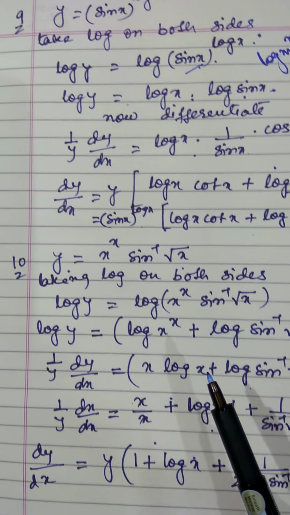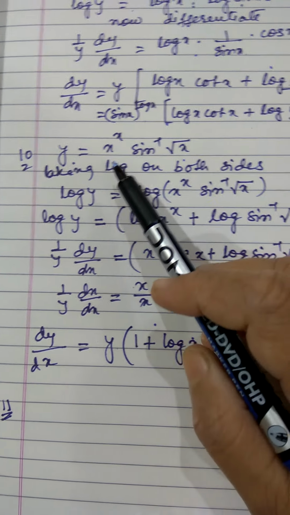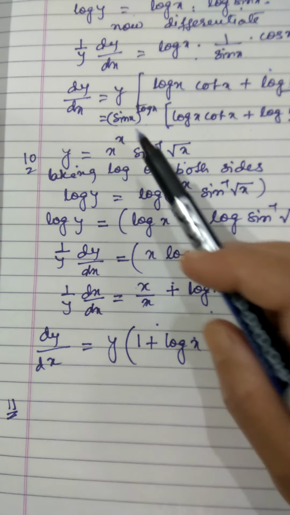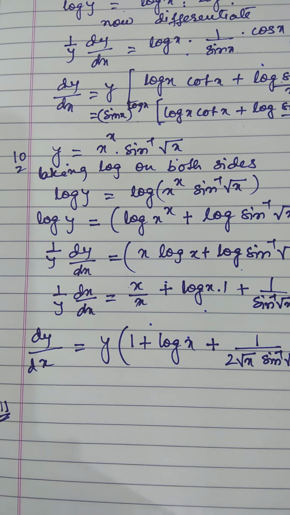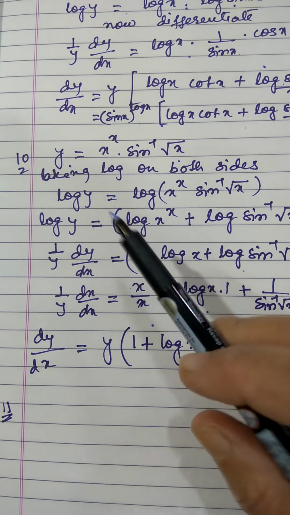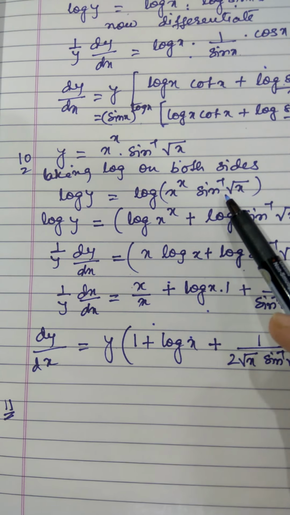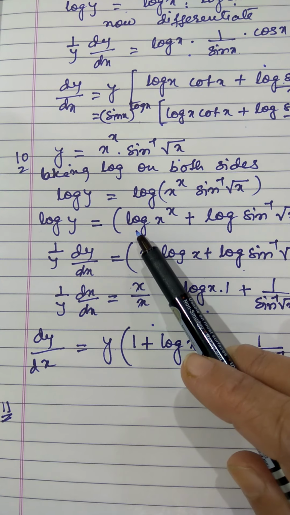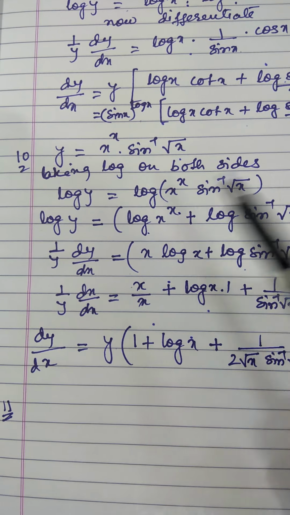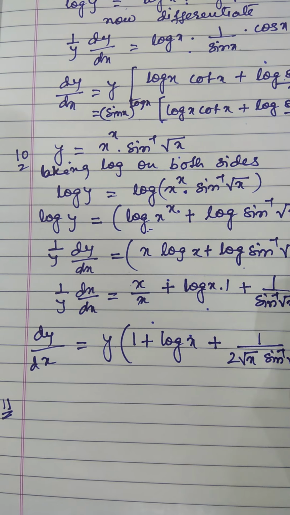Next is y is equal to x raised to the power x times sine inverse root x. You see here we are having a product of two functions. So take log y is equal to log of x raised to the power x into sine inverse root x. Log y is log x raised to the power x plus log sine inverse root x, using log of m into n is log m plus log n.